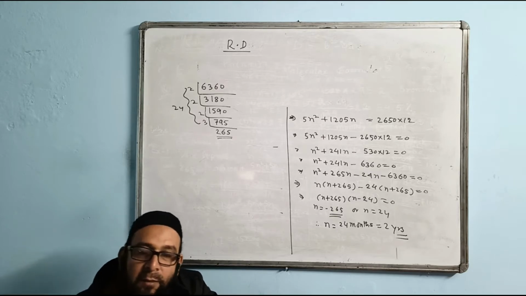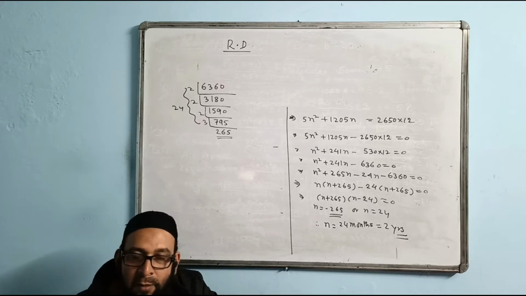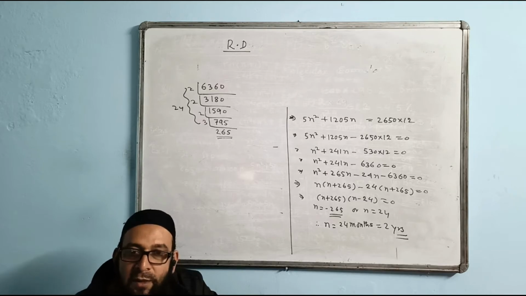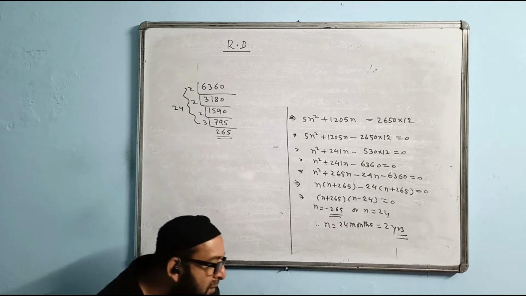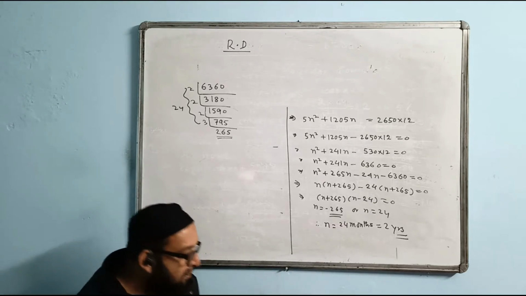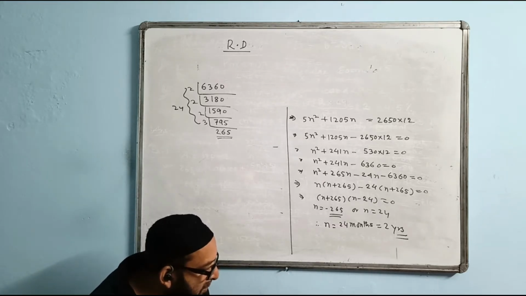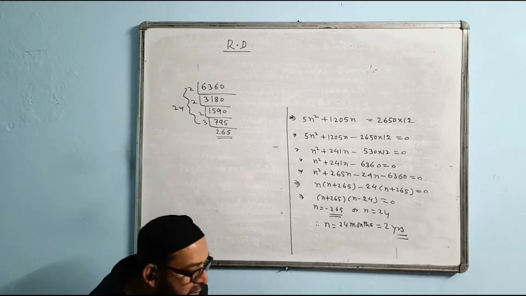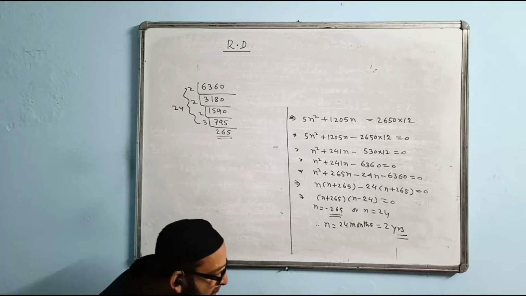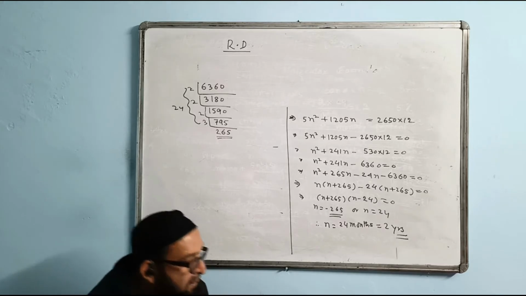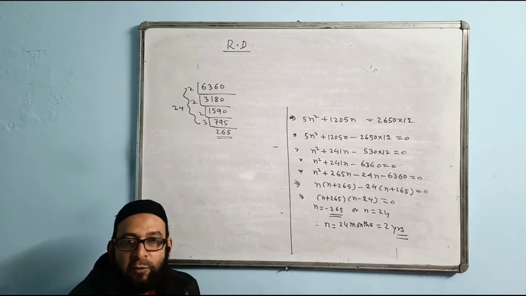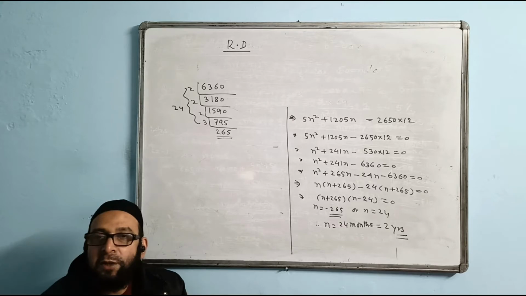What is the value of I coming? 305. Please check the calculation. Yeah, what is the answer? 325. Rupees 325. I is coming rupees 325.